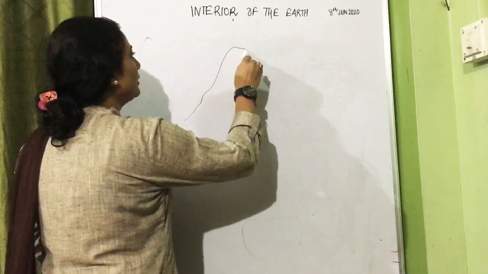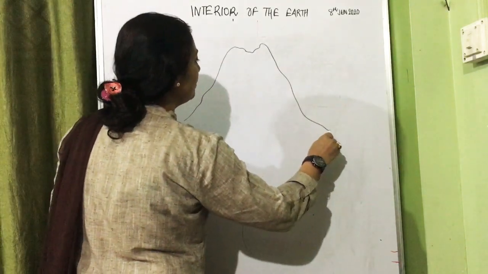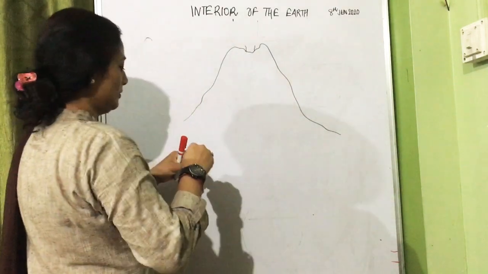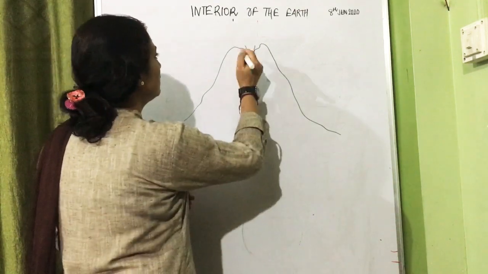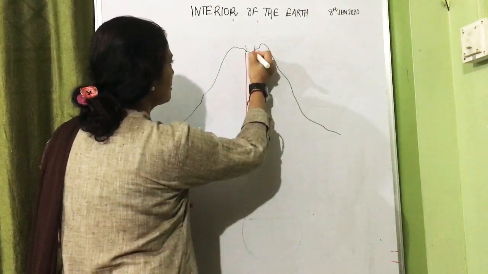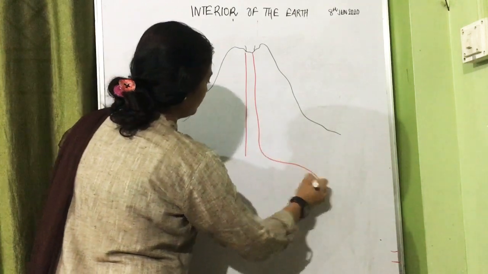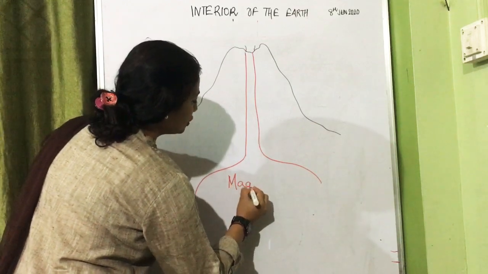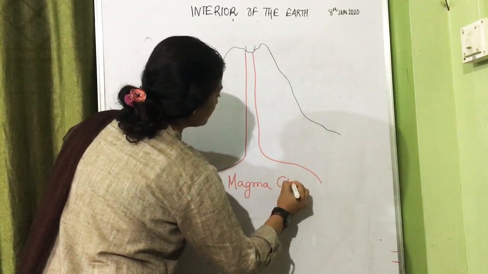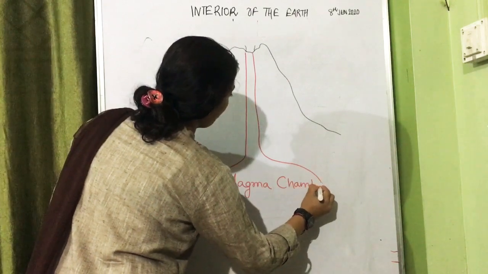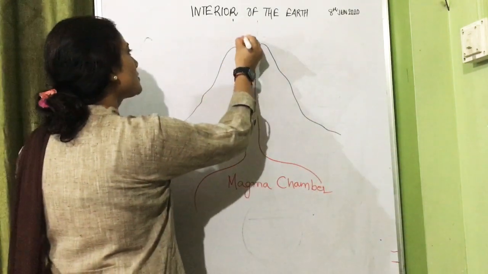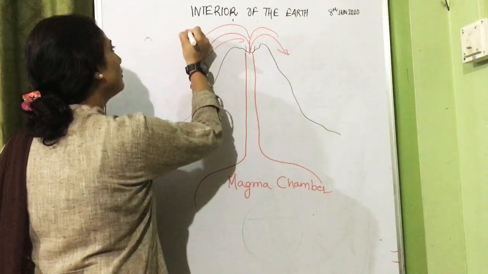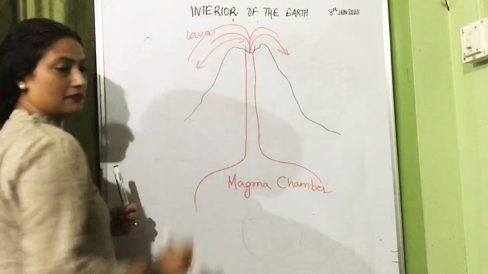A volcano is basically an opening on the surface of the Earth through which we find the magma, which is the source. If I consider this the magma chamber, this comes out in the form of lava.